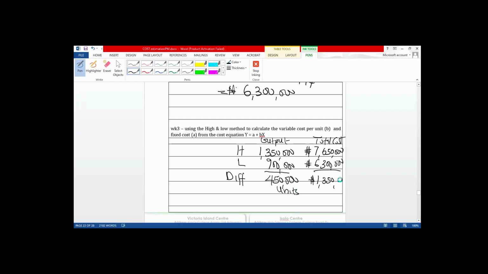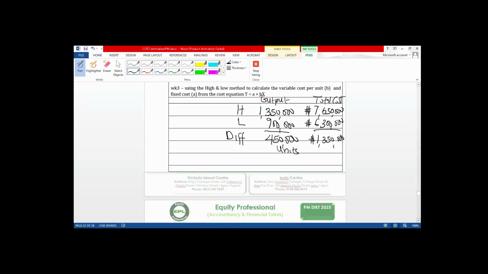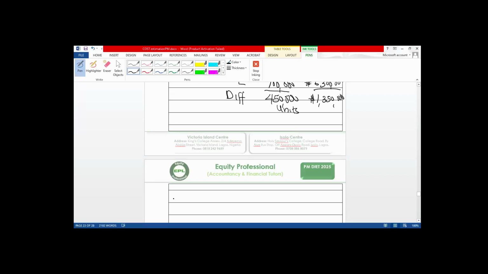Next. Our next working is to get the variable cost per unit. Variable cost per unit is equal to differences in cost divided by differences in activity level or in output.